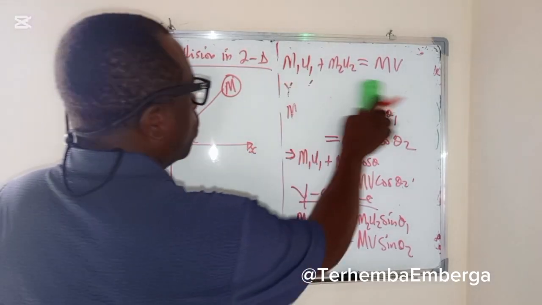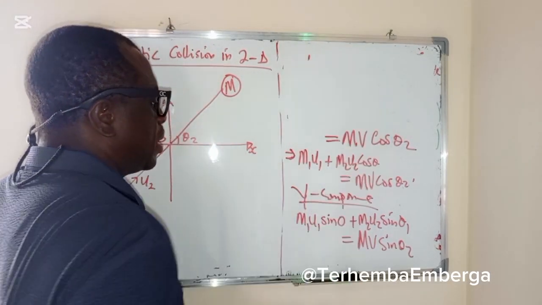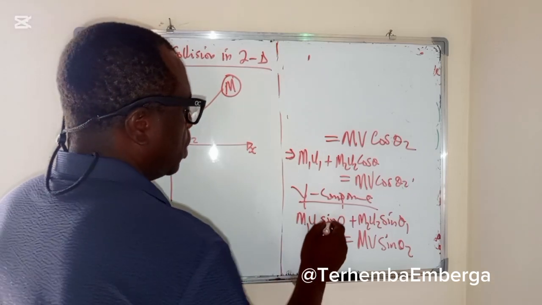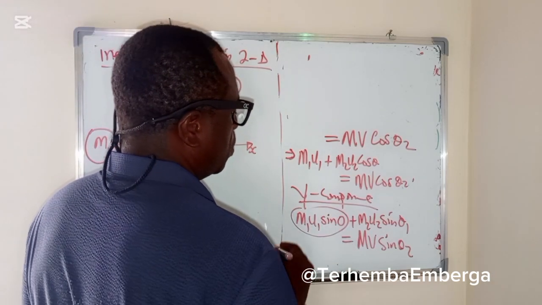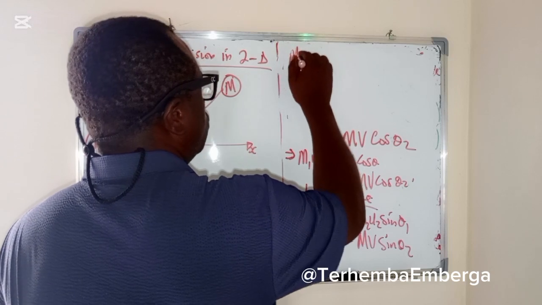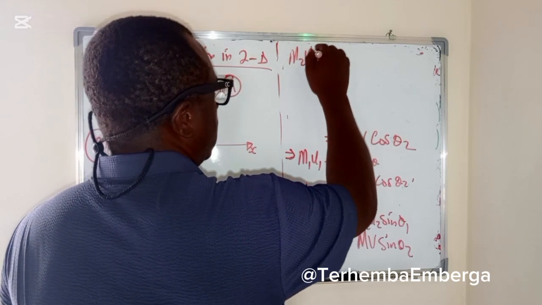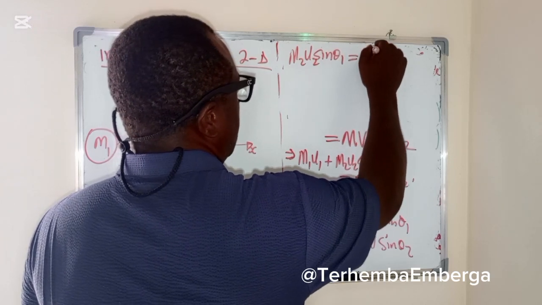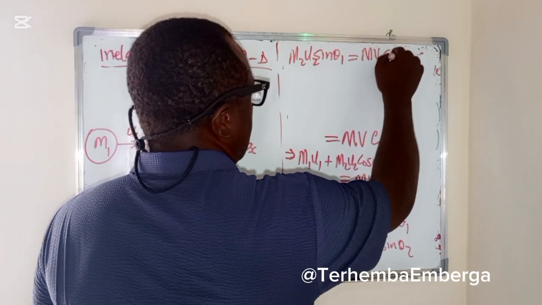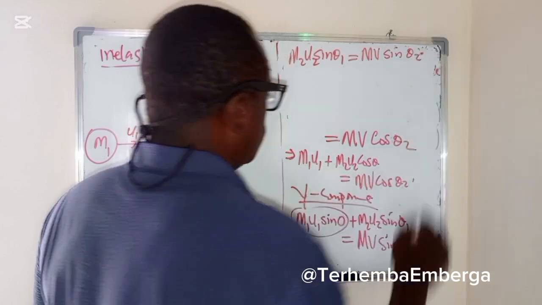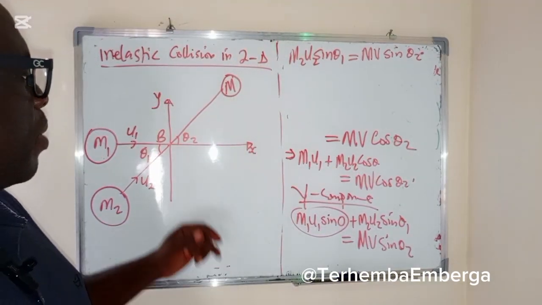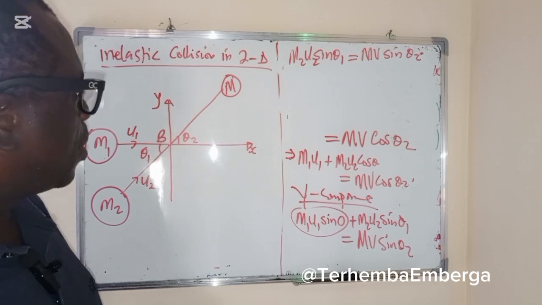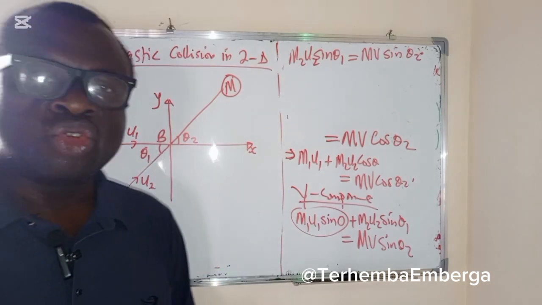So we can now write this as sine 0 is 0, so the whole of that component becomes 0. And then we have m2 u2 sine θ1 equal to mv sine θ2. So this is how we can resolve this in the case of inelastic collision in 2D.